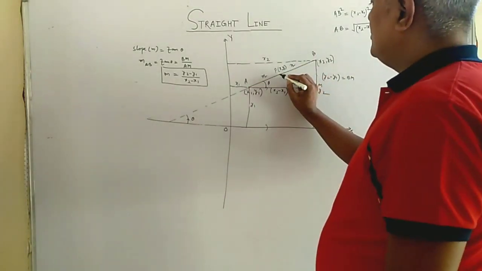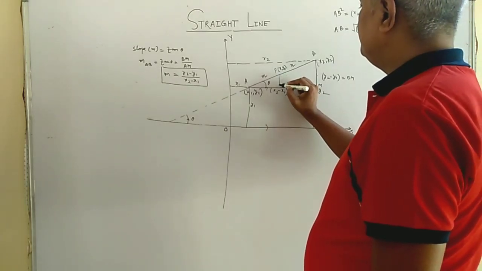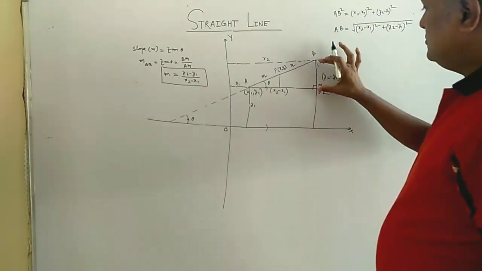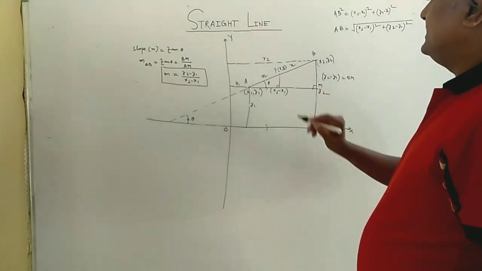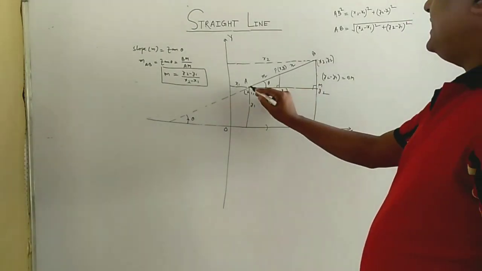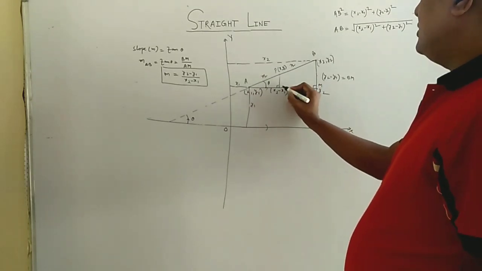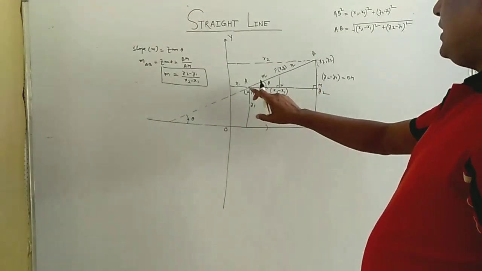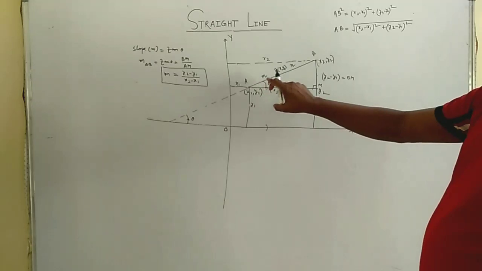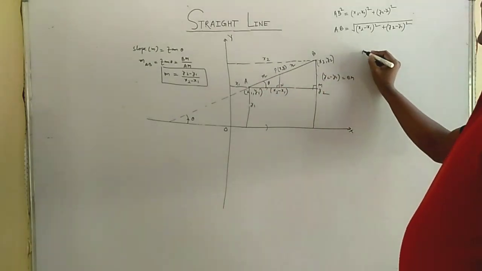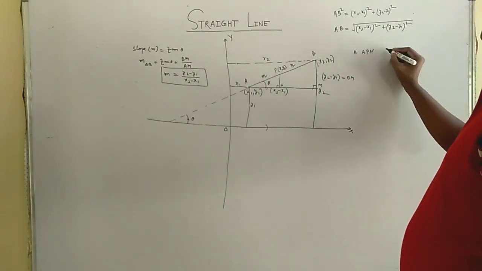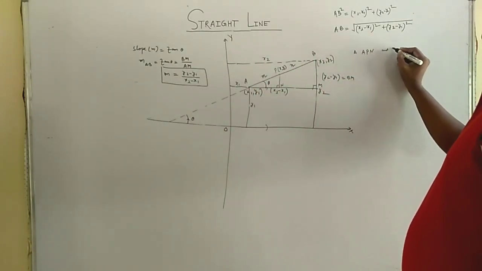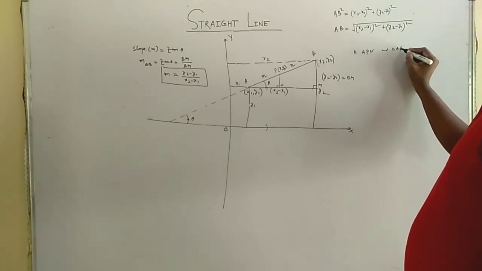Now here I draw a line parallel to this line. So now this becomes 90, this is 90. Now this point, between A and P, I call it N. So I have two triangles, triangle APN and triangle ABM.